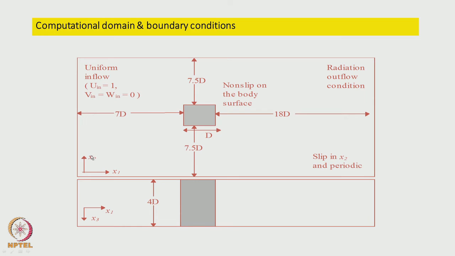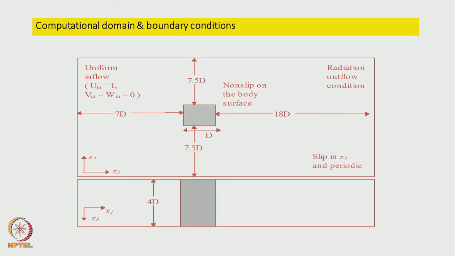x1 x2 plane view. And in the third direction, that is the x3 direction, z direction, the geometry is actually 2D, which means there is only one, and in the other direction it extends to infinity, and we have taken the domain size to be 4D. Again there is a question how 4D is arrived at. This again requires some experience and looking at the problem nature.